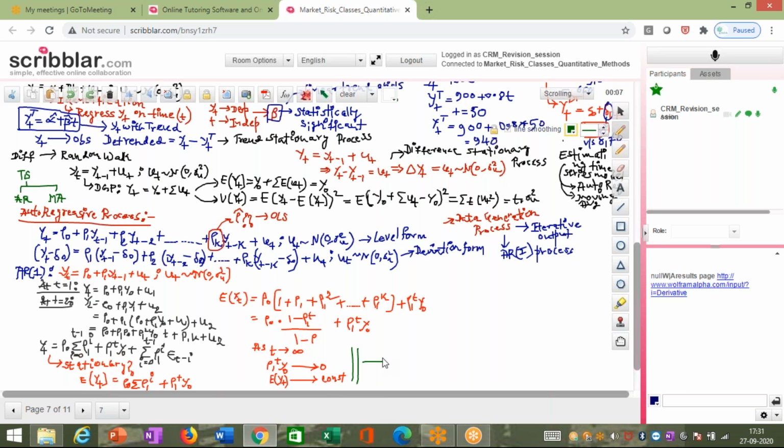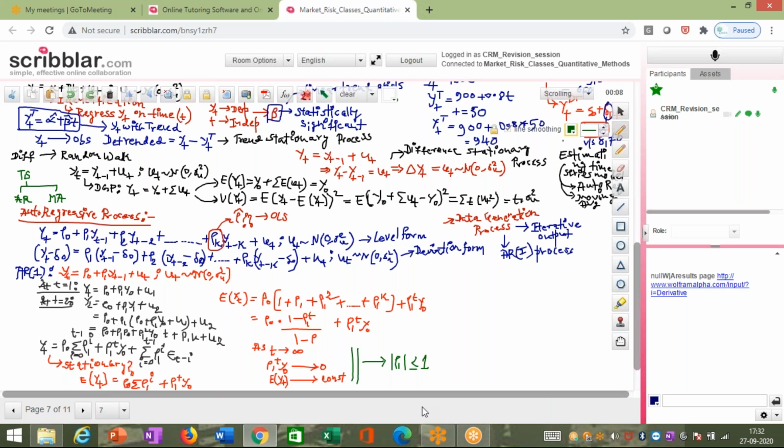This will be possible only when mod rho 1 is less than or equal to 1. If each of the mod rho i's are less than 1, then we'll say that.